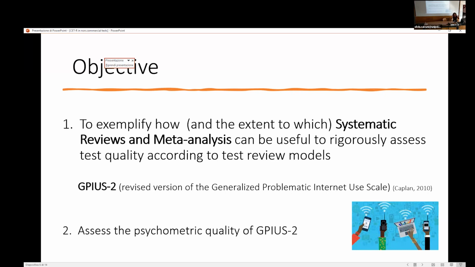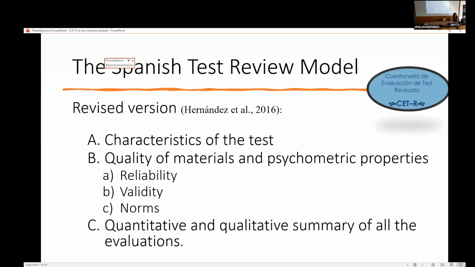So even if the global or main objective is to illustrate how this statistical technique, meta-analysis, and also systematic test review can help us in the process of reviewing tests according to the test review model, we had a secondary objective, which is to assess the quality of the GPIUS in its revised version.